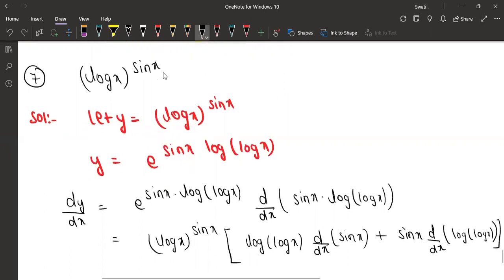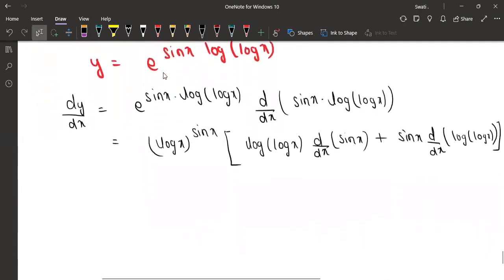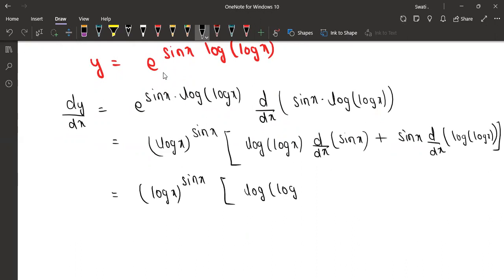Now we can go to the next step. So it will become simply log x raised to sin x. And then this will become log x as it is, and derivative of sin x we all know is cos x. So this will become log x cos x, and then plus sin x.